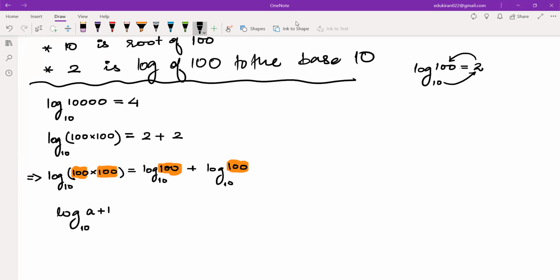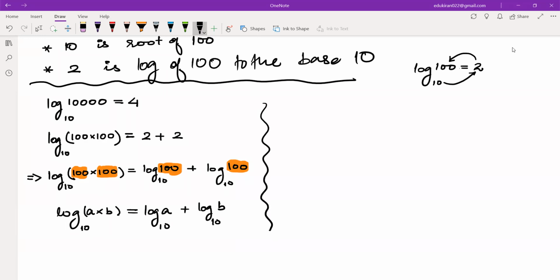Log A into B is equal to log to the base 10 of A plus log base 10 of B. Fine, Hiba, any problem? No problem?